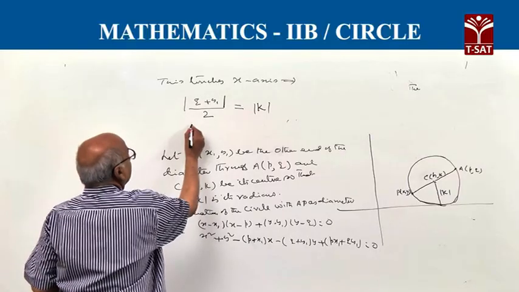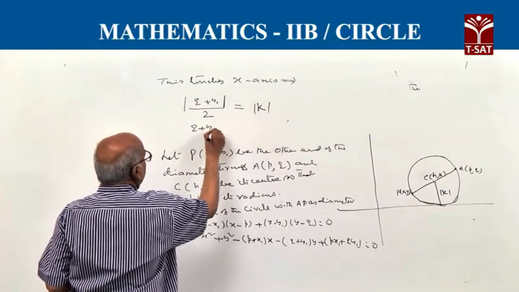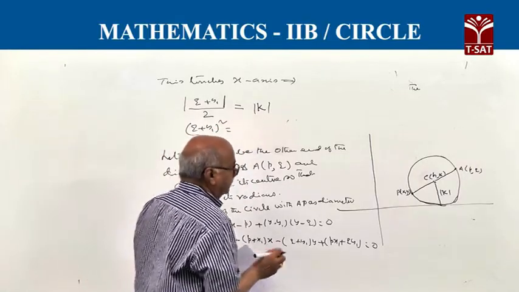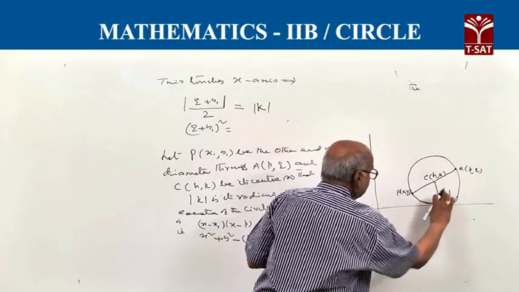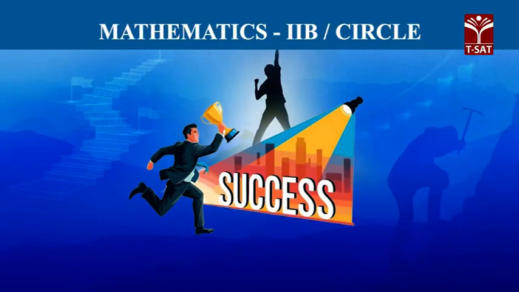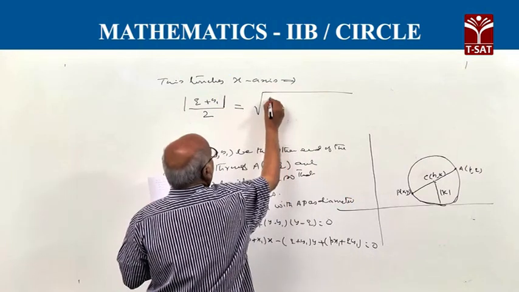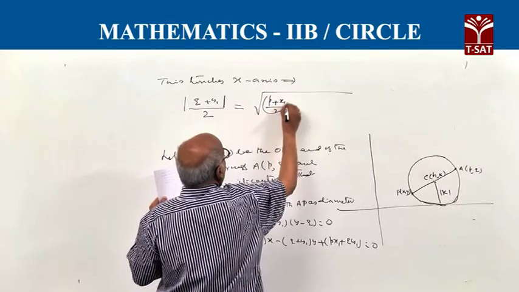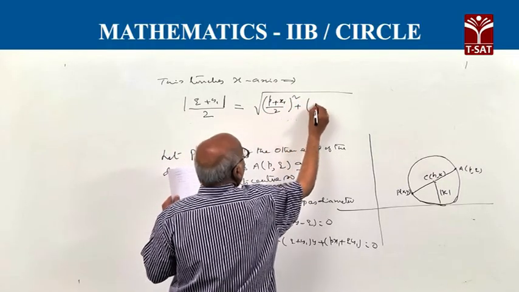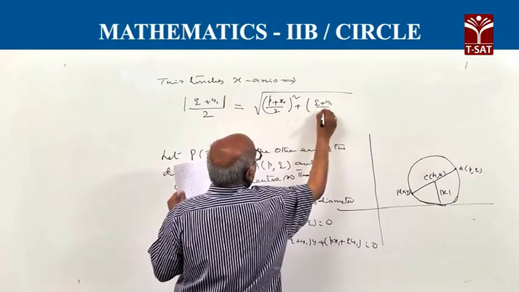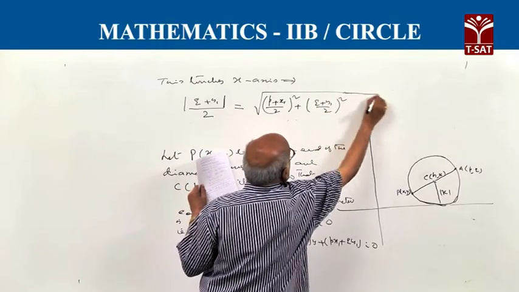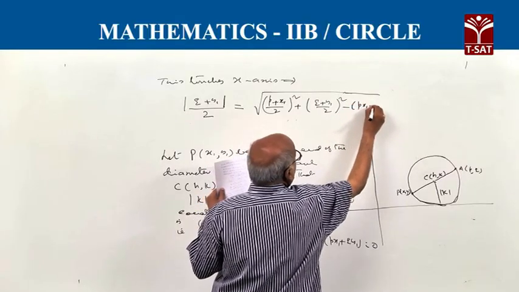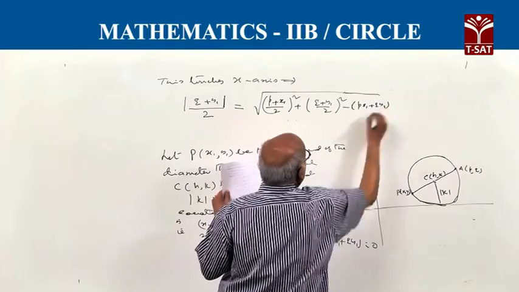So the radius is equal to the square root of ((p plus x1) by 2) whole square plus ((q plus y1) by 2) whole square minus (px1 plus qy1).